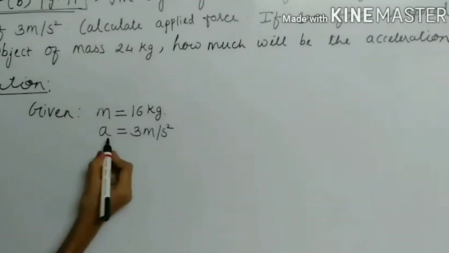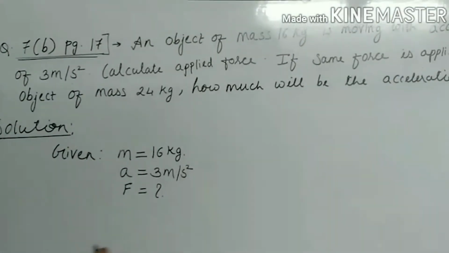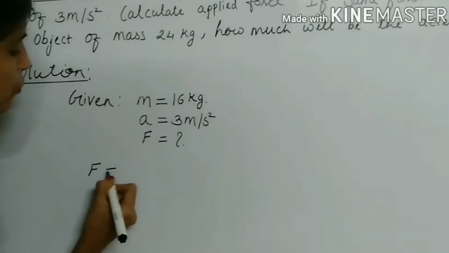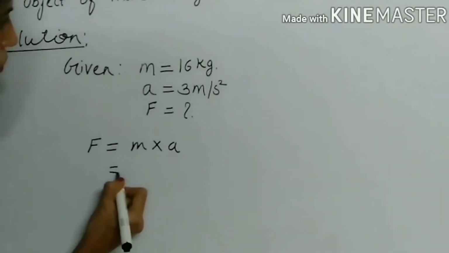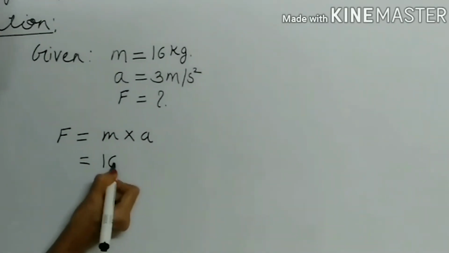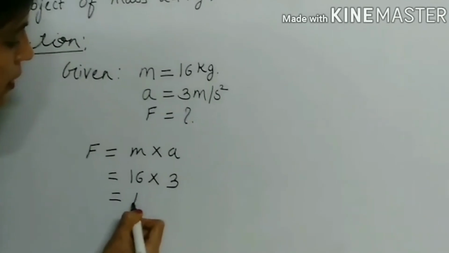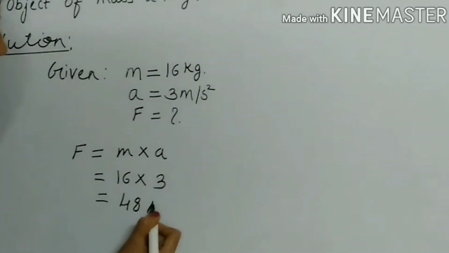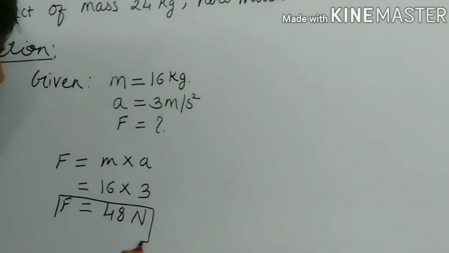Calculate the applied force. So force we have to find out. We will do part wise. So according to Newton's second law of motion, force is equal to mass into acceleration. So what is mass? 16, and acceleration 3. 16 times 3 is 48. What is unit of force? Newton. So force is 48 Newton.